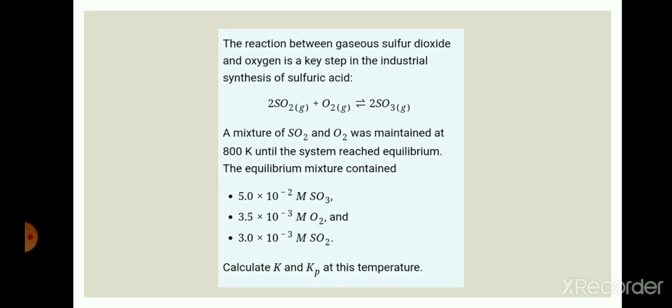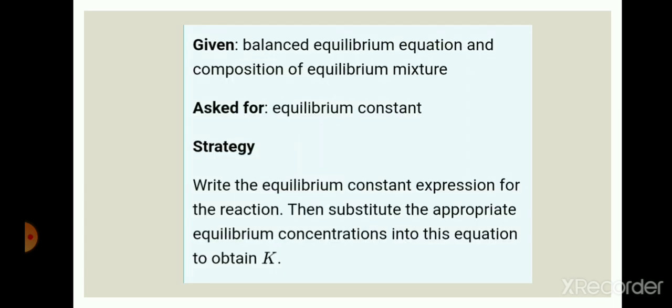The equilibrium mixture contained 5.0 times 10 raised to the power of negative 2 moles SO3, 3.5 times 10 raised to the power of negative 3 molar O2, and 3.0 times 10 raised to the power of negative 3 molar SO2. The question is, calculate K and Kp at this temperature.